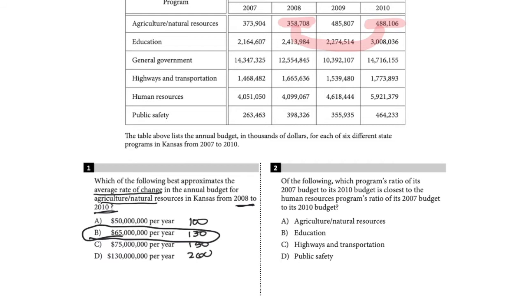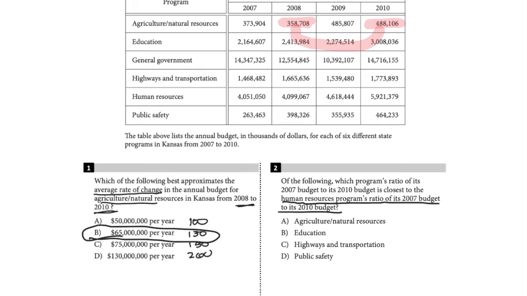Number 2 says, of the following, which program's ratio of its 2007 budget to its 2010 budget is closest to the human resources program's ratio of its 2007 budget to its 2010 budget? So we're talking about specifically human resource programs, ratio 2007 to 2010.